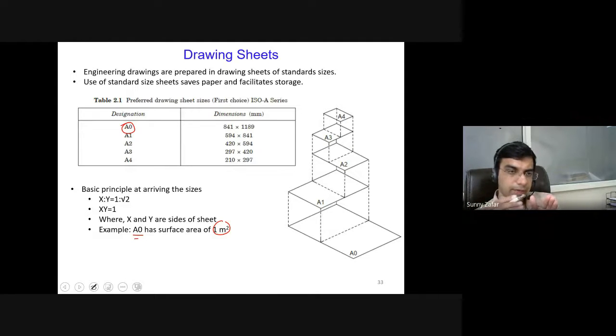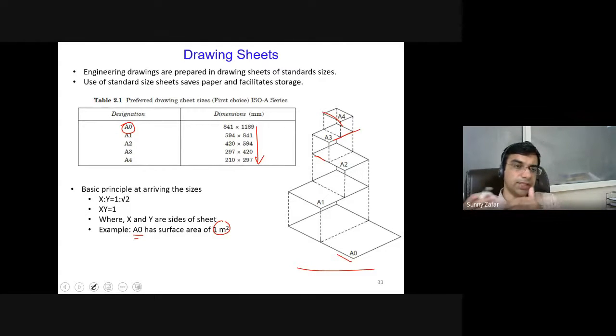Then we have other designations of the drawing sheets, A1, A2, A3, A4 and so on, and correspondingly the dimensions go on reducing. If you see here in the schematic, the A0 sheet is the largest sheet, and the A1 sheet can then be placed on half of the area, and then A2 can be placed on half of the area of A1, and similarly A3 and then A4.